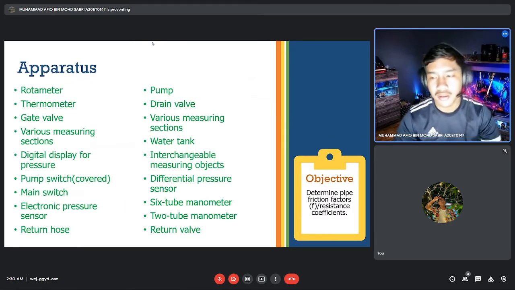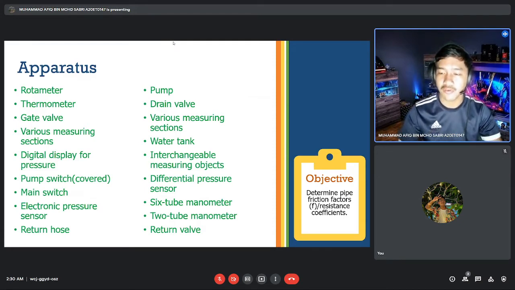The main objective for this experiment is to determine pipe friction factors or resistance coefficients.